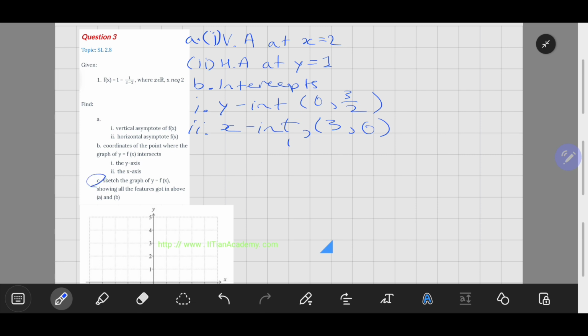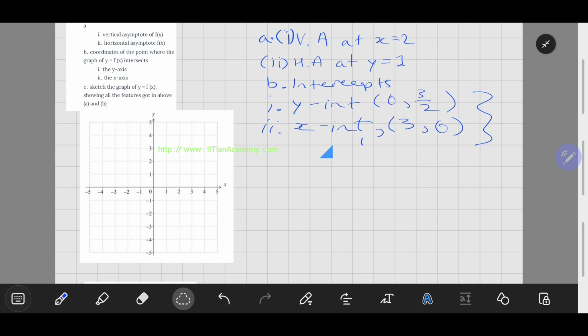Finally, for question C, we're asked to sketch the graph, showing all the features we've found above, which would be the vertical asymptote, horizontal asymptote, and our two intercepts. We can start with our vertical and horizontal asymptotes.